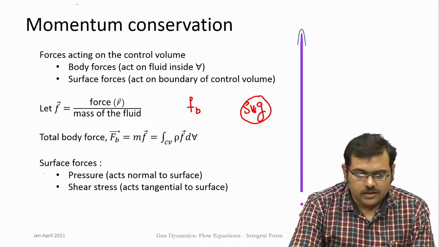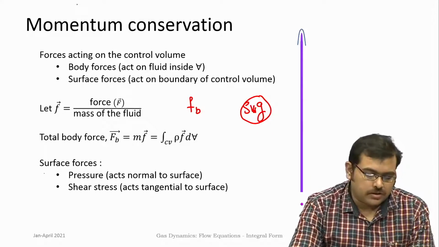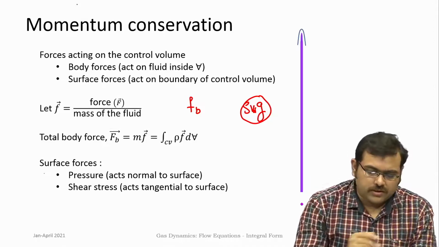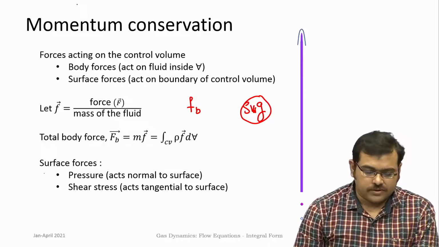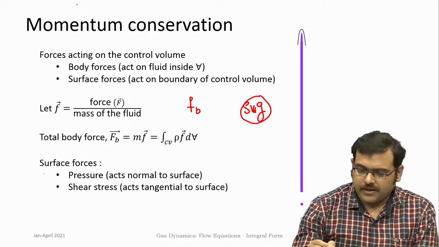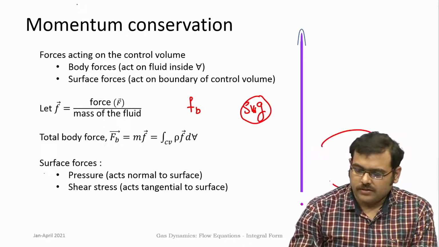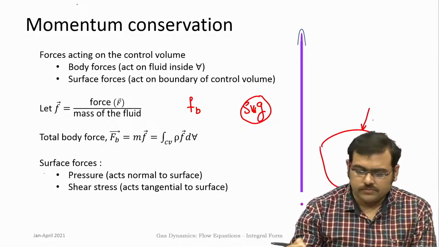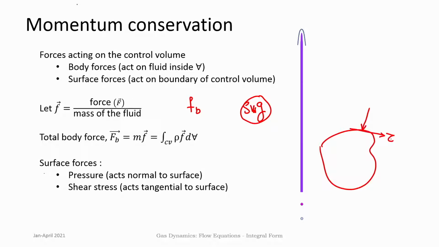Now the different surface forces that come onto the control surfaces are the pressure forces and the shear stresses. We know from their characters that pressure always acts normal to the surface, and shear stress, which is usually represented by tau, acts tangential to the surface.